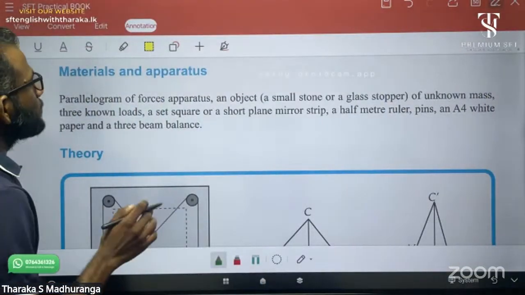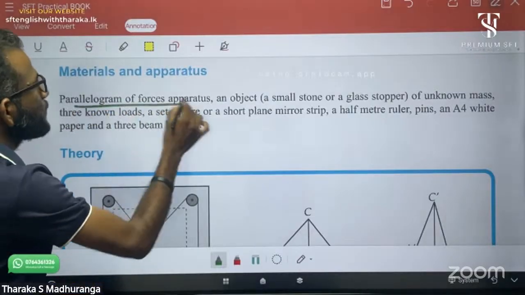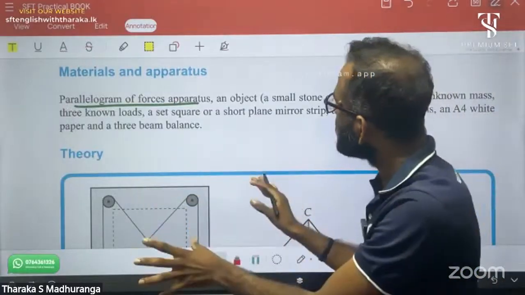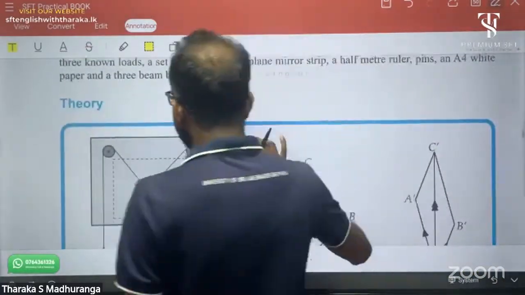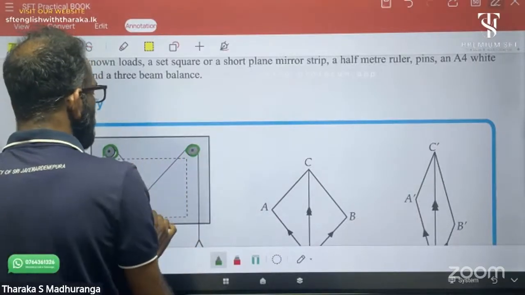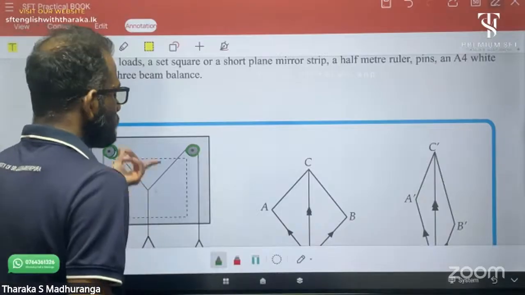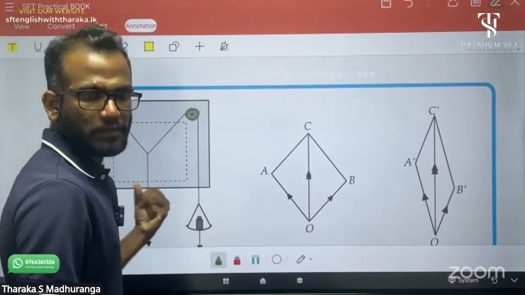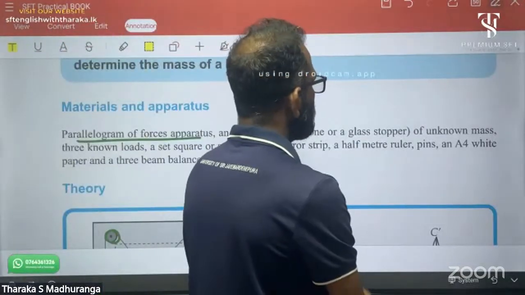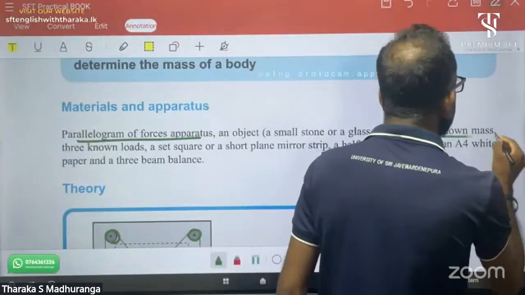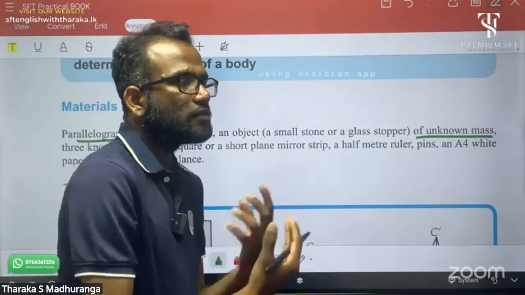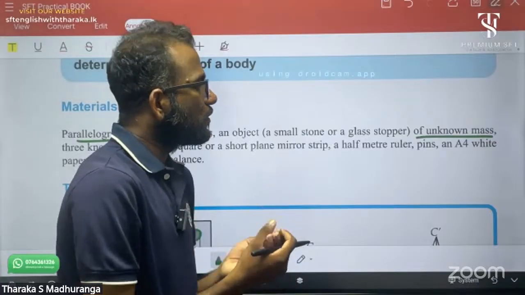The first one is the parallelogram force apparatus kit. It contains a board, pulleys and string, and two known masses. The unknown mass is required too; that is the mass whose weight we can find using this method.